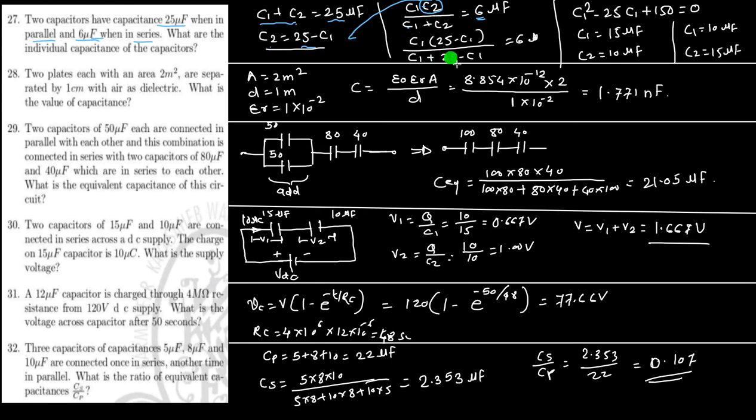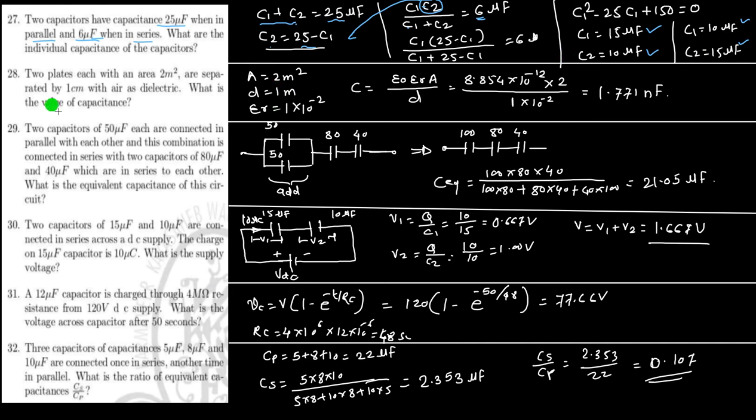When the 25 goes to the other side, it becomes 150. This gives the quadratic equation C1 square minus 25 C1 plus 150. If you solve this, you will get C1 is 15. If C1 is 15, C2 is 25 minus 15, which is 10 microfarad. If C1 is 10 microfarad, then C2 is equal to 15 microfarad.